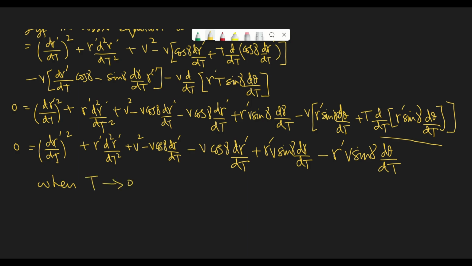Okay, so when t tends to 0, R prime tends to R and gamma tends to pi minus phi.